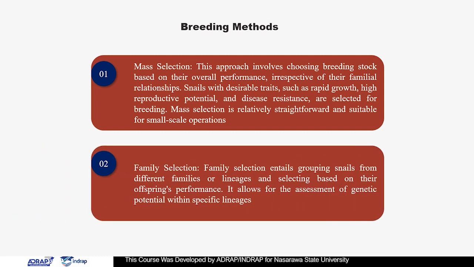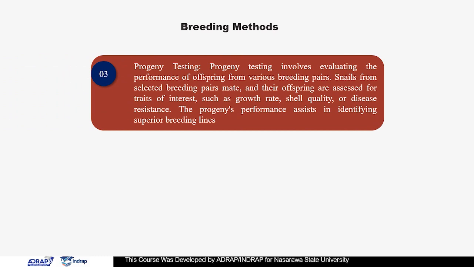Family selection. Family selection entails grouping snails from different families or lineages and selecting based on their offspring performance. It allows for the assessment of genetic potential within specific lineages. Progeny testing. Progeny testing involves evaluating the performance of offspring from various breeding pairs. Snails from selected breeding pairs mate, and their offspring are assessed for traits of interest such as growth rate, shell quality, or disease resistance.